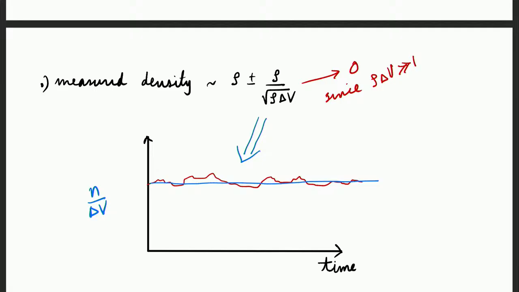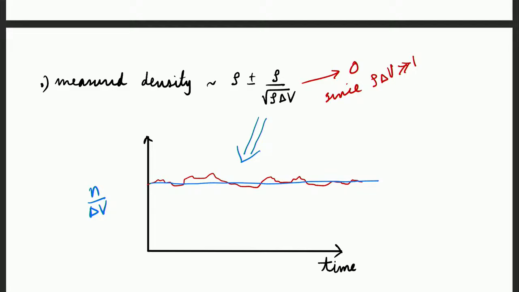So this number is almost 0, which is why we get a curve like this with the fluctuations. If I put rho delta V to be of the order of 10 to the power 16, then if the density is some number, I get a correction of 10 to the minus 8. So if I take rho outside, it is rho into 1 plus or minus 1 by 10 to the power 8. So in the 8th decimal place, you get a correction.